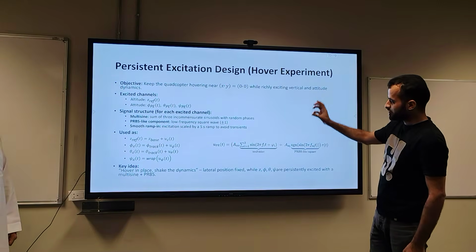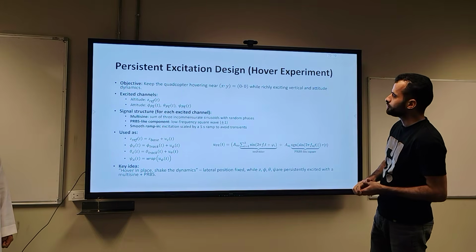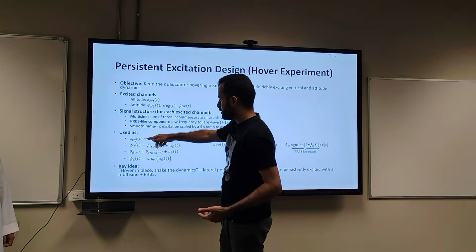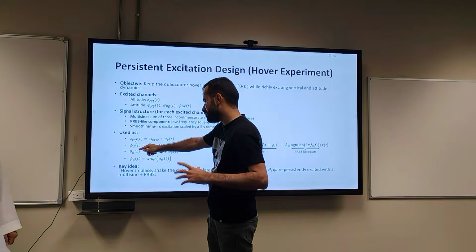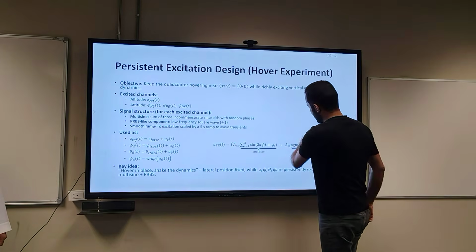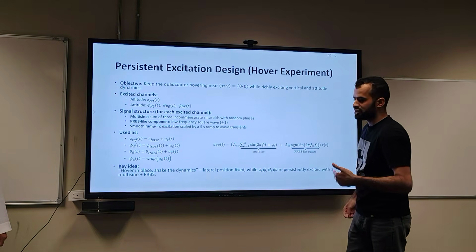Here is the structure of the persistent excitation signals. As you can see here, we excite the altitude controller and the attitude controller. This is the main signal that we use to excite the system.